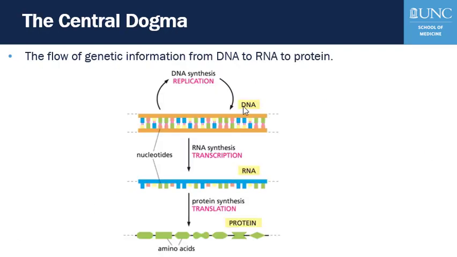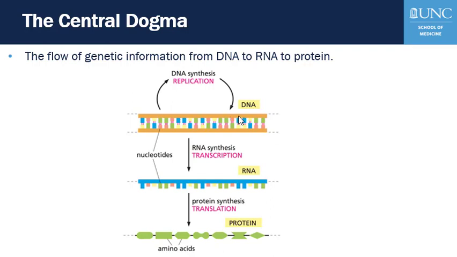So we said that individual genes code for specific proteins, and this idea that genes in the form of DNA are transcribed into RNA, which is then translated into protein, is known as the central dogma of molecular biology. So a gene is a specific sequence of DNA that's made up of these colorful nucleotides, and the human genome contains somewhere around 25,000 individual genes.